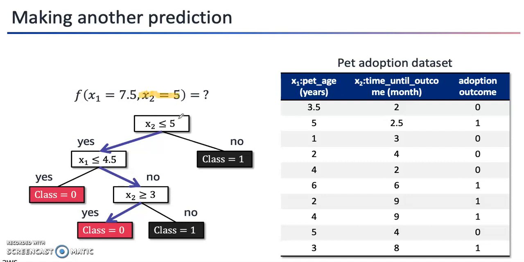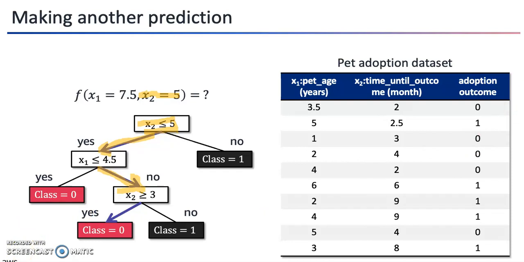With this value of x2, we say x2 is not less than 5, so we go along this branch. The value of x1 is 7.5, which is not smaller than 4.5, so we go along this side. Then we look again at the value of x2, which is 5. Is it bigger than 3?